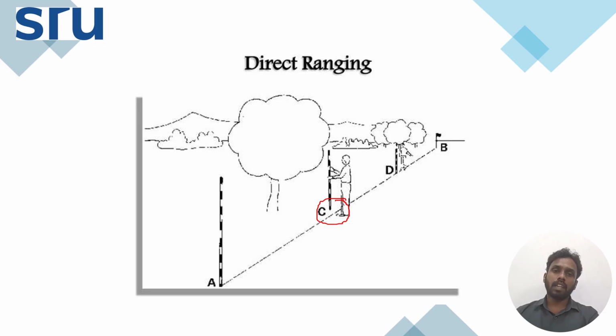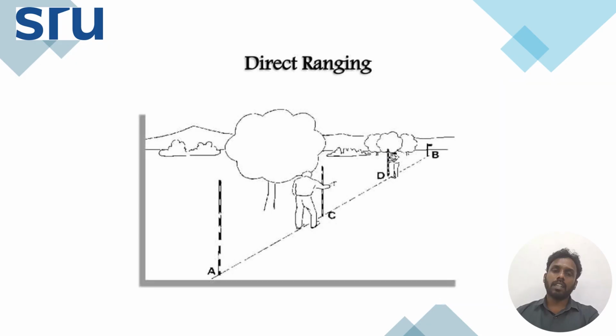Once a point is fixed, the person at point C will regulate the person at point D, because this is already aligning with A and B. He will ask the person at point D to align exactly on the line of sight between C and B. So he will fix a ranging rod exactly at this point. From this point, again, he will regulate so that it aligns in the line of sight.